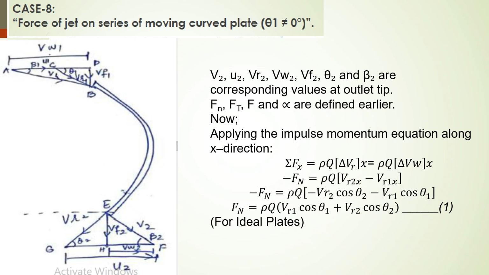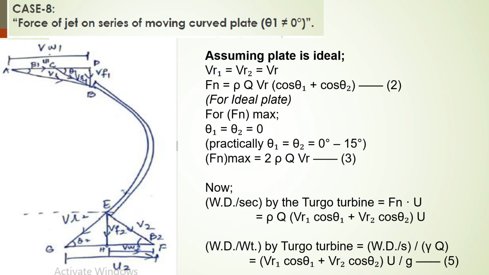So here just the inlet tip whirl velocity horizontal component will be introduced. We have VR1 cos of theta 1 as well. So VR1 cos of theta 1 plus VR2 cos of theta 2 as ideal plate. For the case when we have both of the velocities equal to each other, we take common from the equation cos theta 1 and cos theta 2.